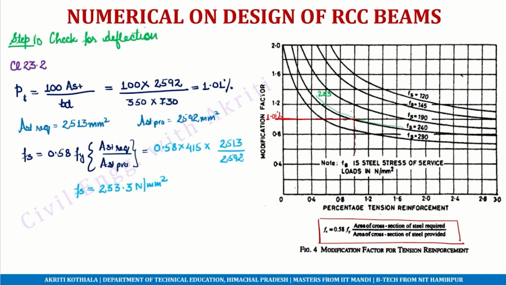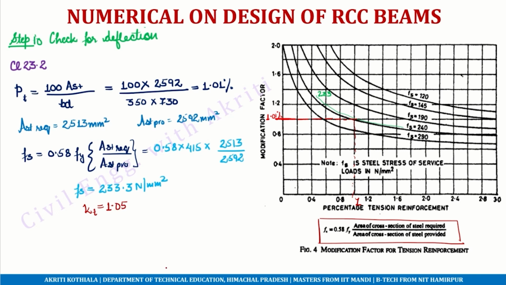So this is almost equal to 1, or we can simply use the value of the modification factor for tension reinforcement from figure 4, KT, which we are actually calculating from this figure, is 1.05.